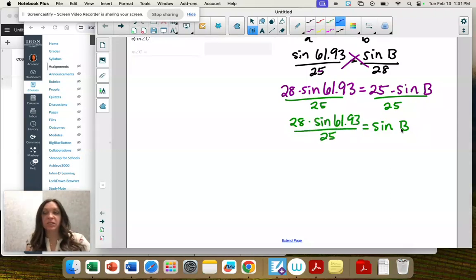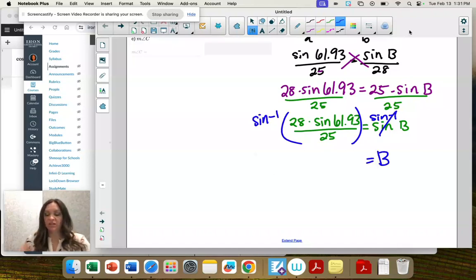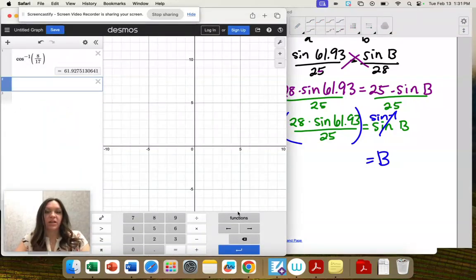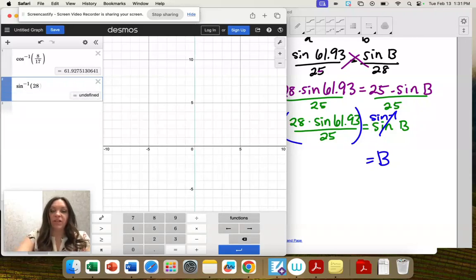And my next step is to get rid of sine. I get rid of sine by taking the inverse sine. So inverse sine, that'll leave me with just B. And this is what goes in our calculator. So sine inverse. And now I'm going to type everything in.